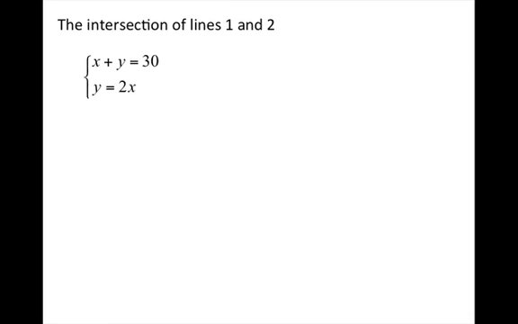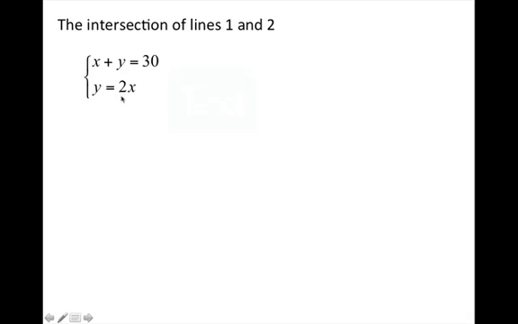Think of this as a system. x plus y is equal to 30 and y equals 2x. You can solve this system with the substitution method. I just didn't cover that in my lessons. So I'm going to stick with the elimination method. In order to use the elimination method, I need these equations to be in the same form.